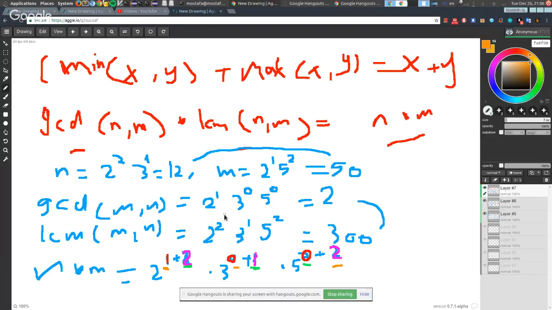So as we can see here, the purple ones are the maximums in the LCM, and the red ones, the numbers I mean here, are the powers in the GCD. And the summation, even though these exponents come from different numbers, is still the same. So basically that's why the GCD times the LCM is actually the product of the two numbers.